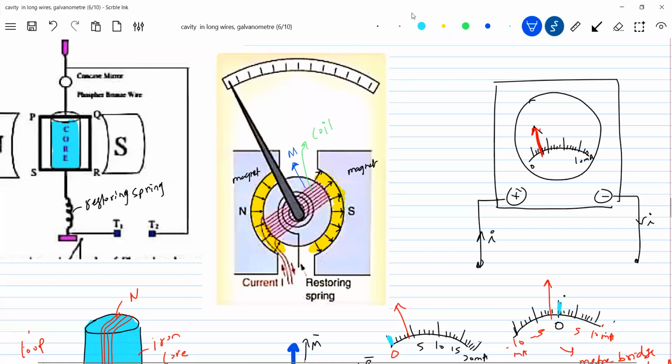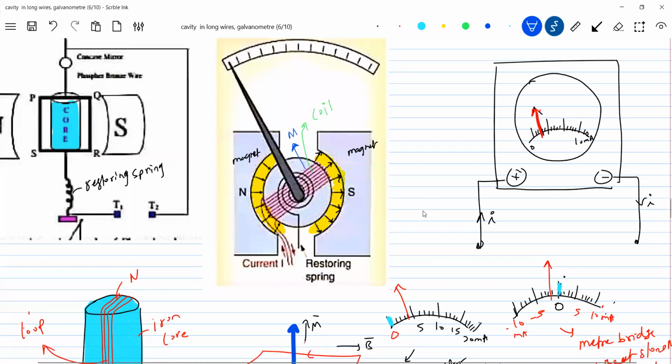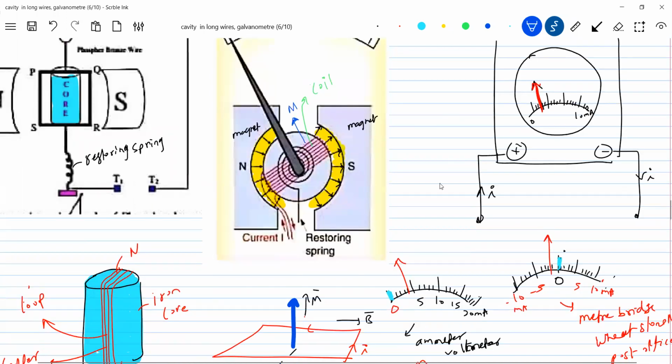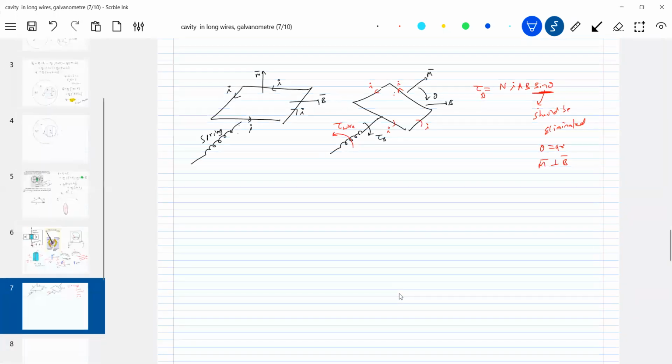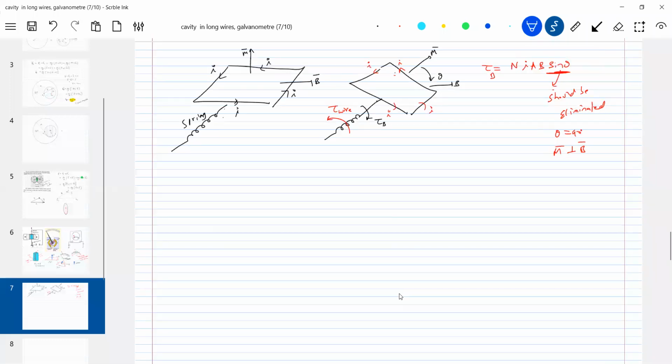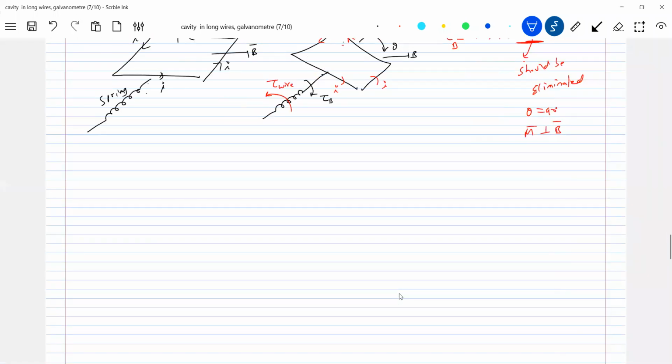Instead of this, if I go for just a bar magnet, let's do one thing. We have two types of this. This is the core.